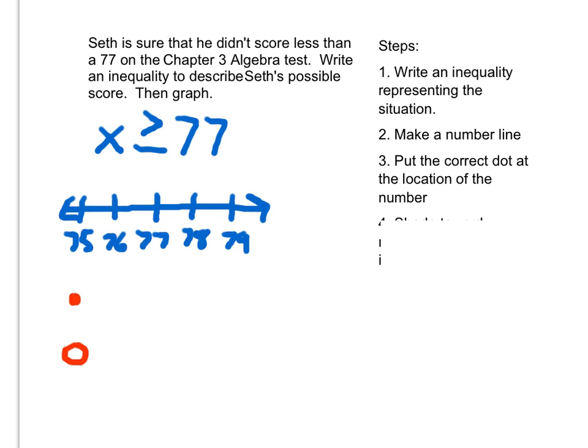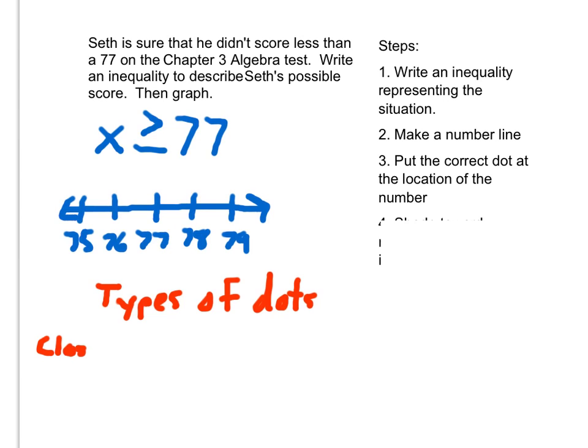Okay, and now actually let me erase this really fast. Okay, I'm going to go ahead and put up here types of dots. Okay, and we've got a closed dot or an open dot.